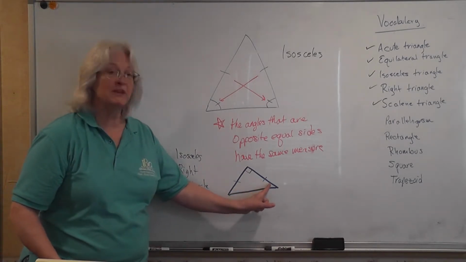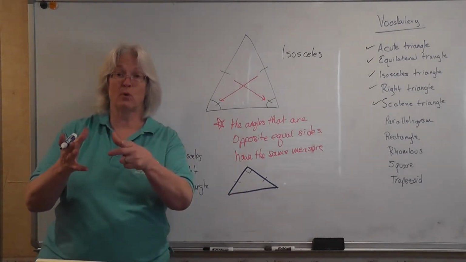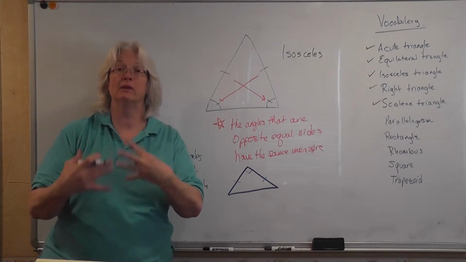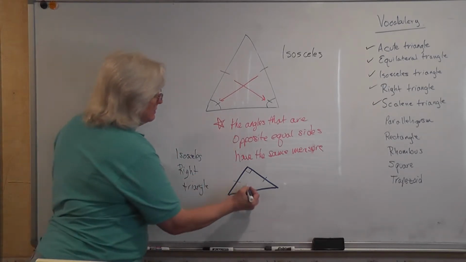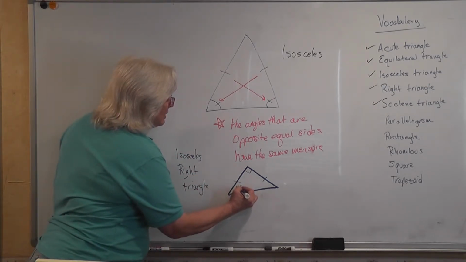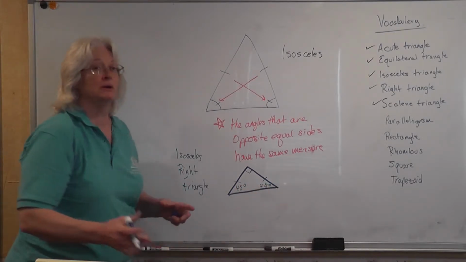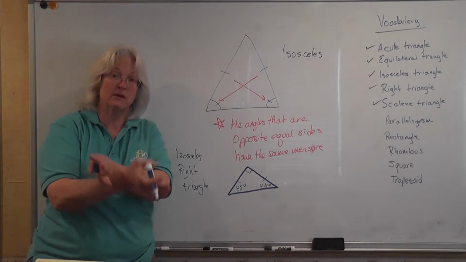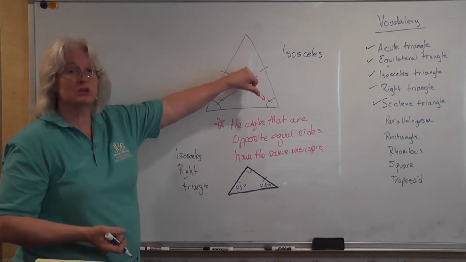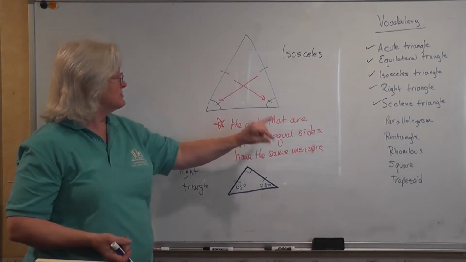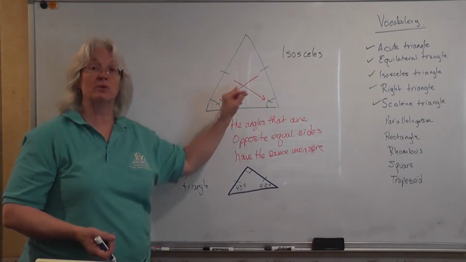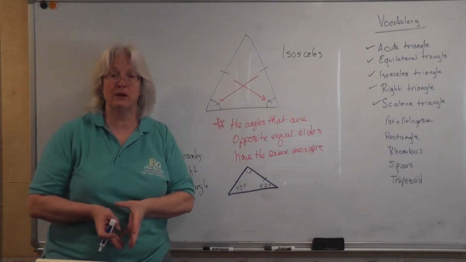Now, the measure of these angles here is 45 degrees. How in the world do I know that? Well, what do you know about the angles that are opposite sides that are equal? We just talked about that. The angles that are opposite equal sides have the same measure.